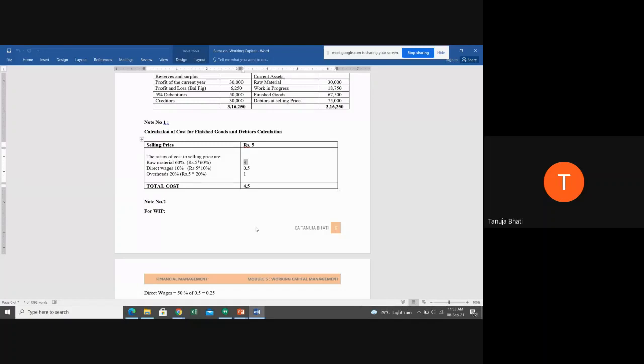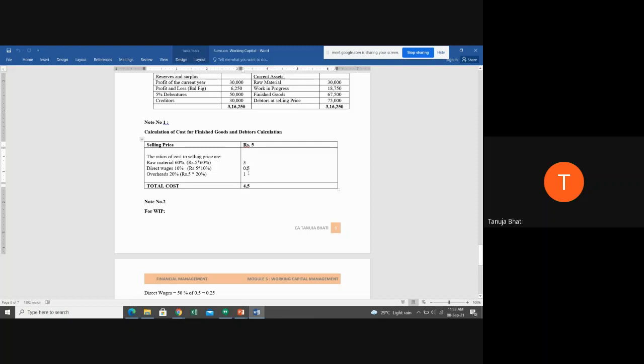Quick students. Under work in progress, you have 3 elements: raw material, direct wages, overheads. Is raw material to be taken at 100% or 50%? 100%. Very good.